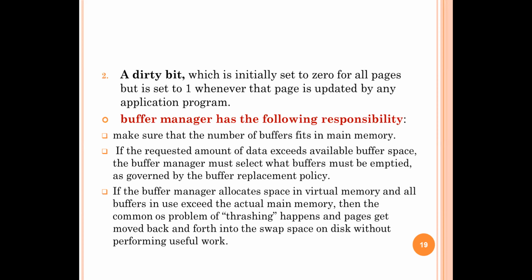If the buffer manager allocates space in virtual memory and all buffers in use exceed the actual main memory, then the common operating system problem of thrashing happens, and pages get moved back and forth into the swap space on the disk without performing useful work.